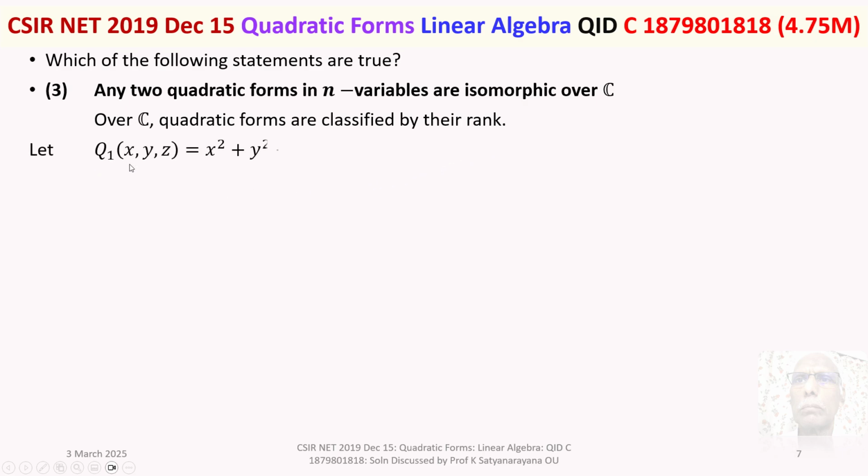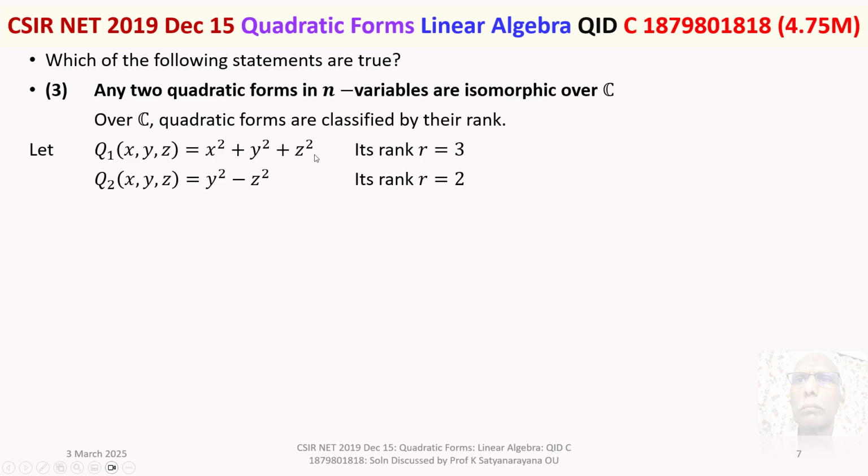Let Q1(x, y, z) in 3 variables be x square plus y square plus z square. Right, this is the canonical form. Its rank is 3. Q2 in the same number of variables has canonical form y square minus z square. Its rank is 2.